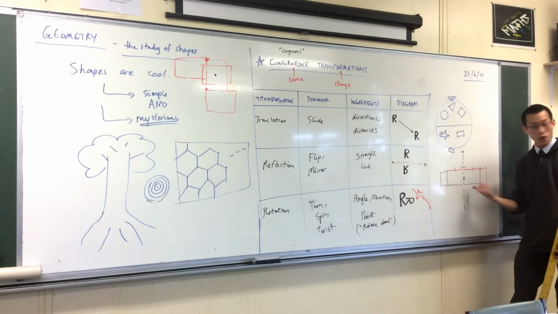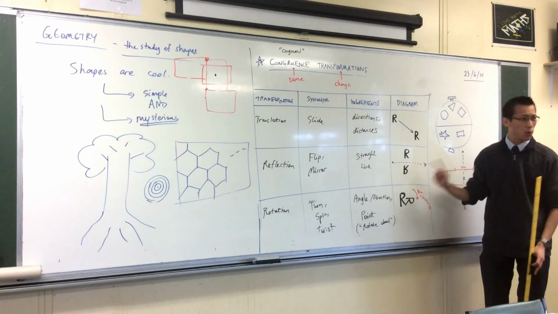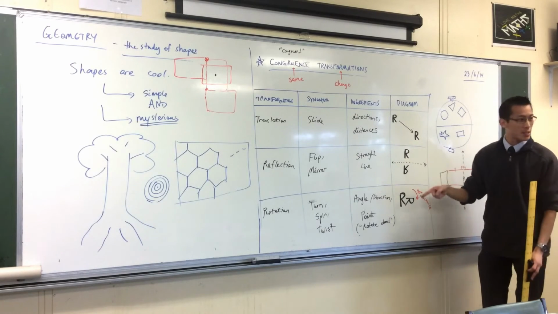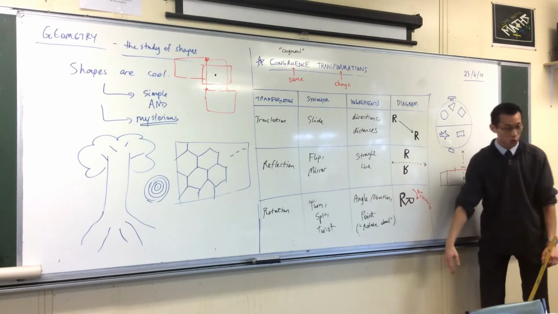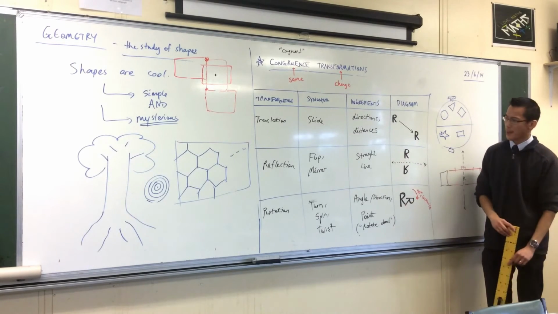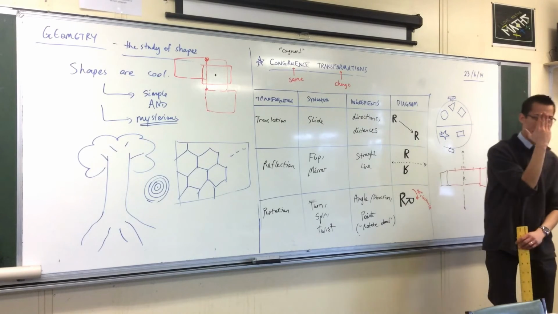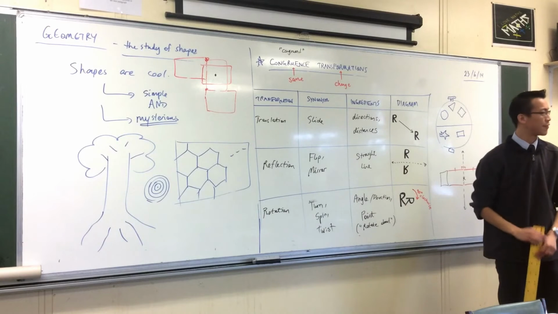Just like I illustrated over here before. It's actually very important that you put the new upside down one in the right spot. It wouldn't be a reflection if this upside down R was all the way down here, because it wouldn't be reflected across this line. It'd be like if you were standing right next to a mirror, right in its face, and then your reflection was really far away. That's not how reflections work.